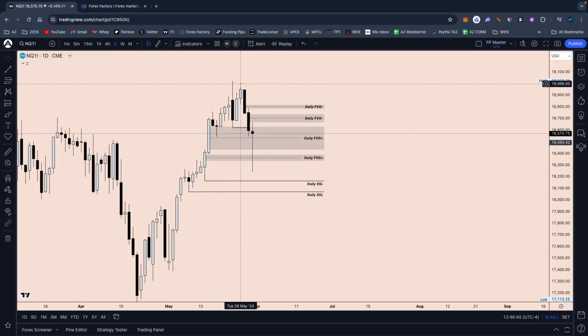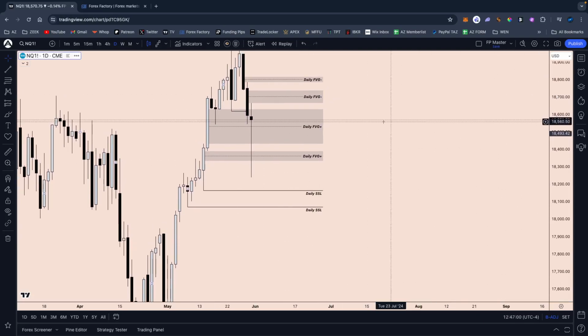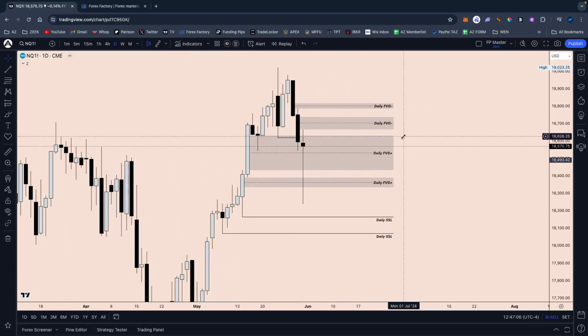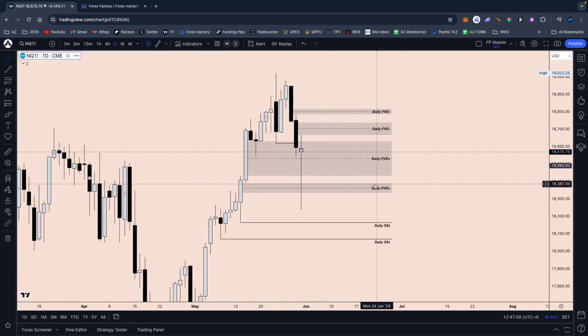Failed to make a new higher high, but a new higher high in terms of body closes. And now we closed below our most recent higher low. And we rejected from the, well, if we go to the 4-hour time frame very soon, rejected from that order block.